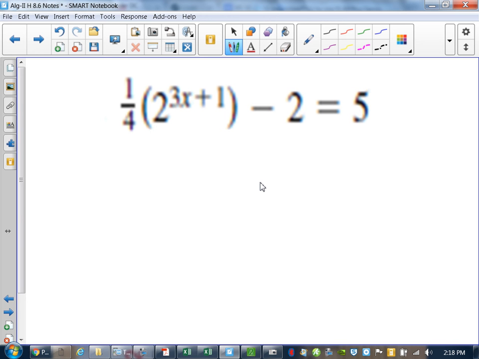So what I want you to think about here, guys, is that these are still exponential equations, but they become longer. Multi-step, okay? What's the first thing you're going to do? You add the 2.